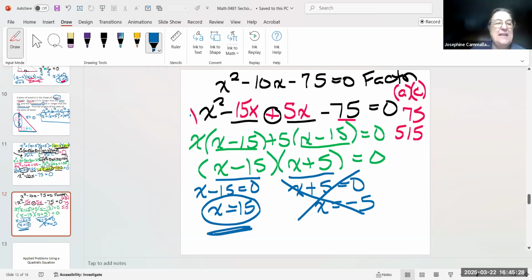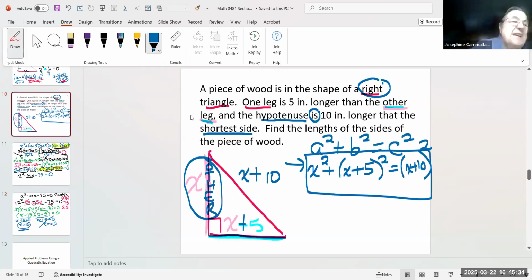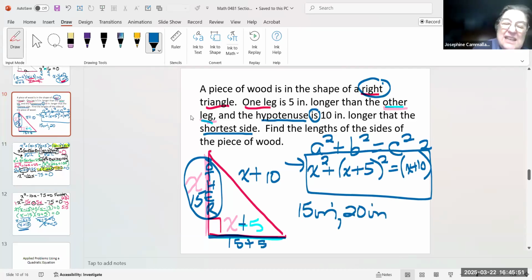Okay, I'm going to go back a couple of slides because we know that x is 15. So one side is 15 inches right here. My second side is 15 plus 5, or 20 inches.